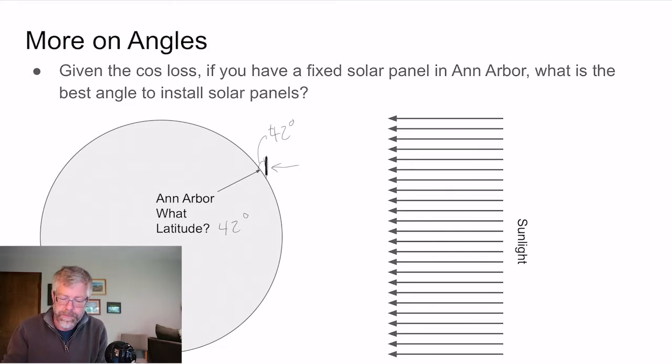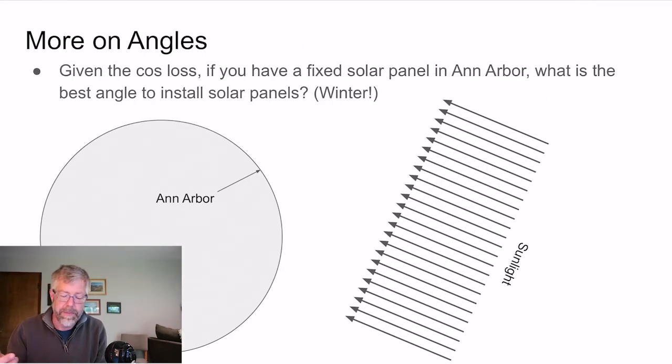But then what happens? Then winter happens. So if you have your panels tilted at about 42 degrees, then you have sunlight coming in here, and you once again get an angle between the solar panels and the sunlight. And this tilt here is about 23.5 degrees, because that's about the tilt of the equatorial plane of the Earth with respect to the sun.